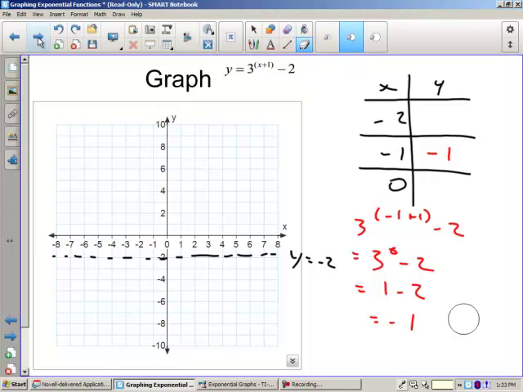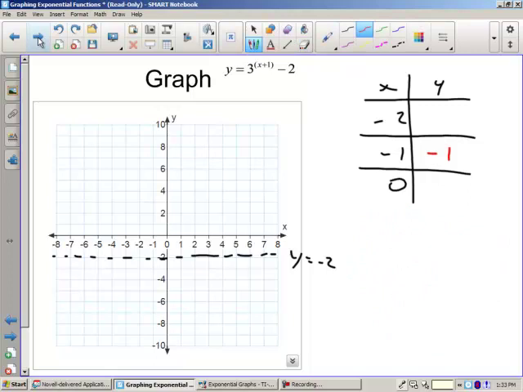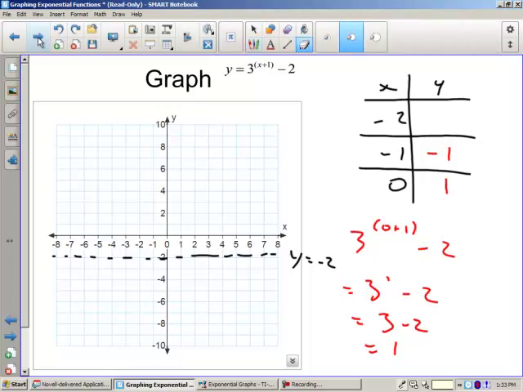What happens when my x value is 0? I'm going to get 3 to the 0 plus 1 minus 2, which is 3 to the 1 minus 2, which is 3 minus 2, which is equal to 1. So when my x value is 0, my y value is +1.